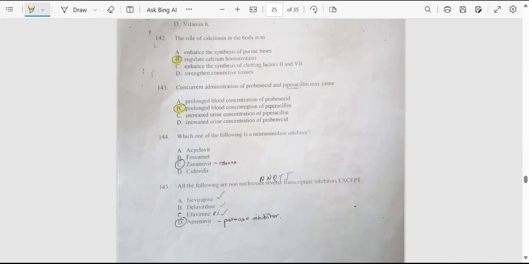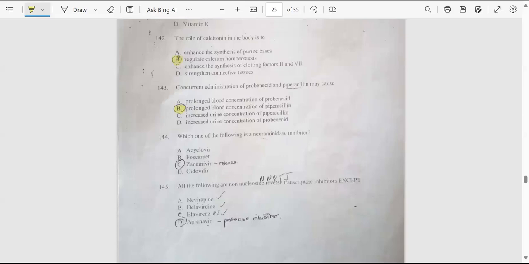Then which one of the following is a neuraminidase inhibitor? Let me ask before you go to the next question. I wanted to confirm, does it inhibit the organic anion transporter, or does it compete with penicillin for that?